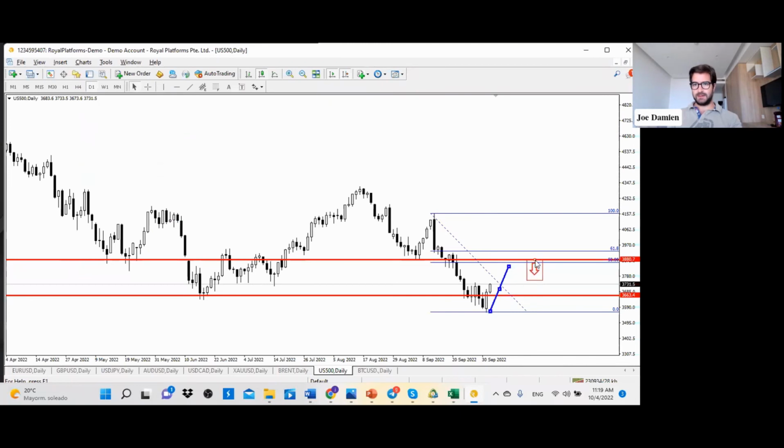From here, it's better to start selling this asset to this level here, which is 3,663. Okay, so we have impulse, correction. We have this 50% Fibonacci retracement resistance, and then a move all the way down back to this low.